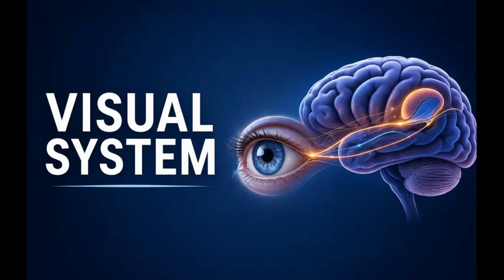Now let's talk about classic visual field deficits. If the retina or the optic nerve is completely damaged, vision is lost in the ipsilateral eye. A lesion in the center of the optic chiasm causes something called bitemporal hemianopia. And this means a loss of the temporal visual fields in both eyes. Why?